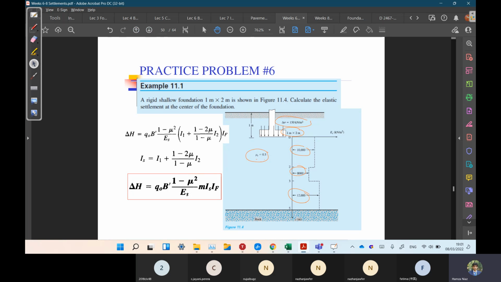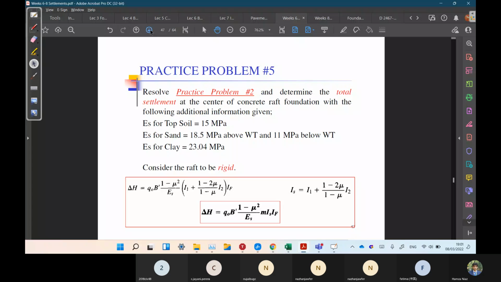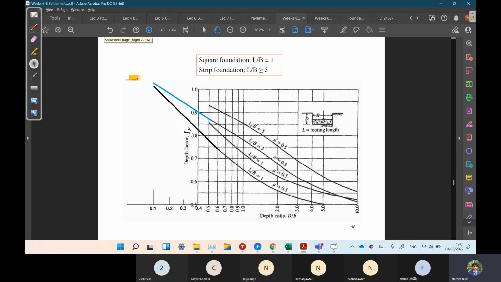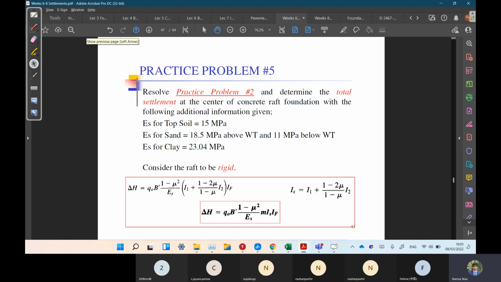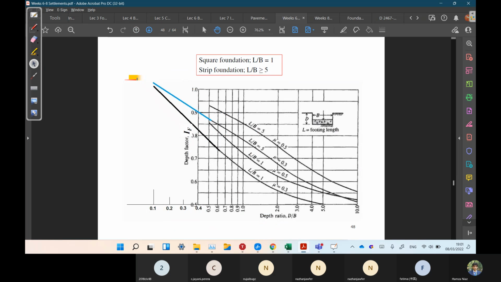So we have to calculate these values. First of all, if we look at this chart, we require L by B and DF by B, the depth of foundation by the width of foundation.